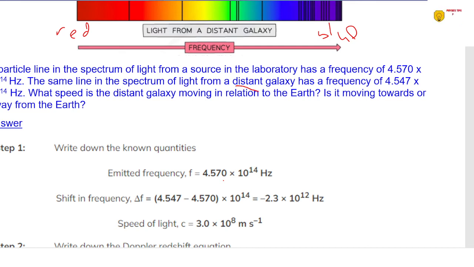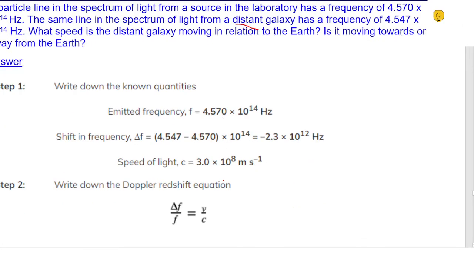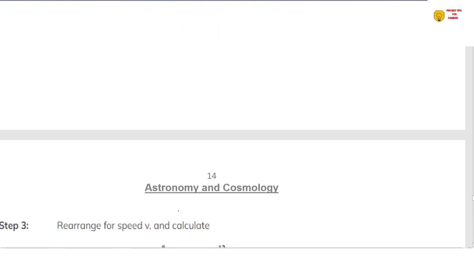The speed of light is 3 times 10 to the power of 8. Then applying our Doppler redshift equation, delta f over f is equal to v over c. So delta f over f, 2.3 times 10 to the power of 12 over the frequency 4.547 times 10 to the power of 14, times the speed of light, will equal v.